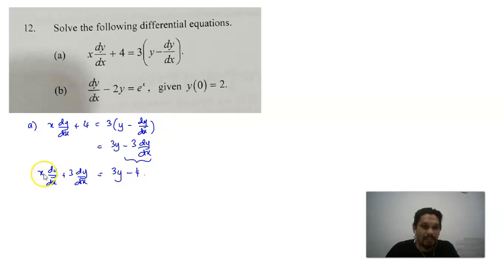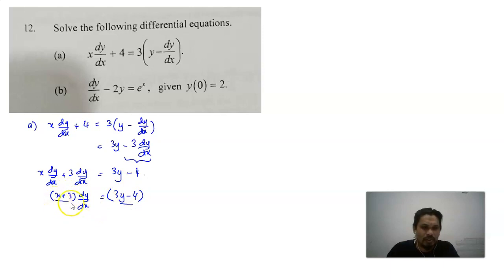Then factorize dy dx: x plus 3 dy dx equals 3y minus 4. Switch the position of this, bring it to one side, and 3y minus 4 to the other side.